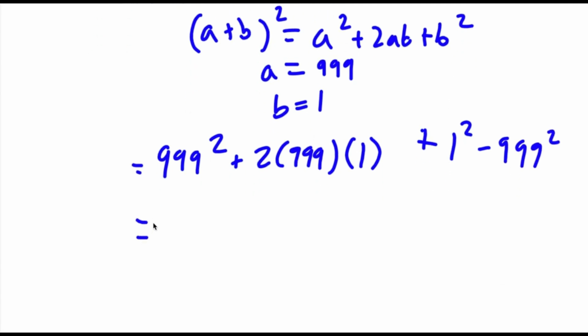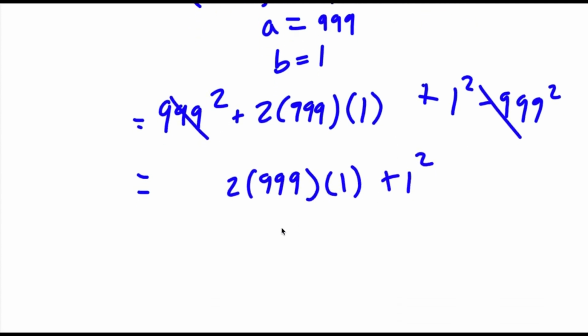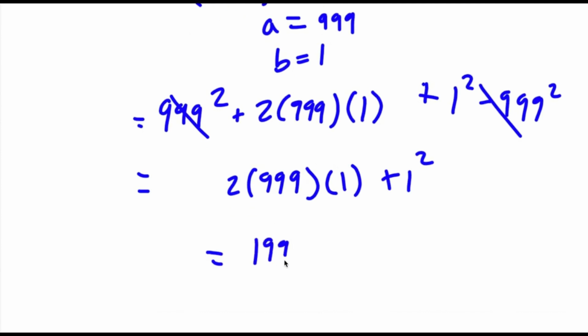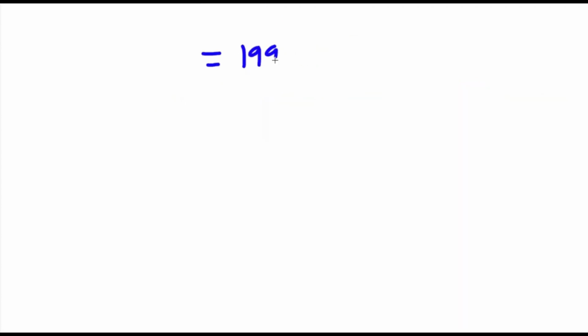Now this is equal to, these two will cancel out, so I'll be left with 2 times 999 times 1 plus 1 squared. Now 2 times 999 is 1998, so I have 1998 plus 1. And this is equal to 1999.